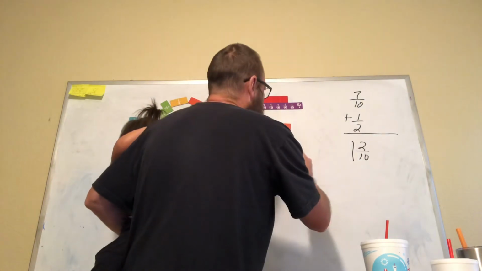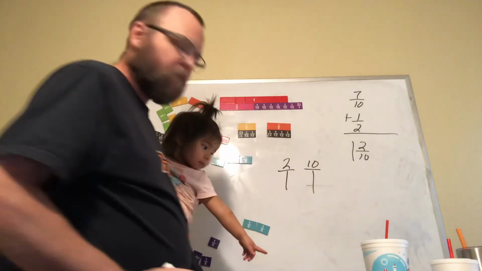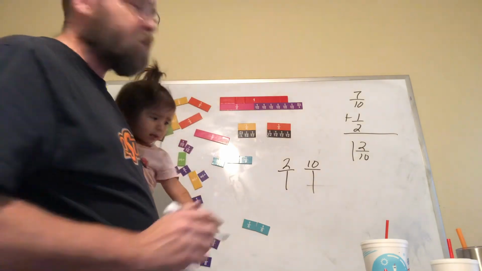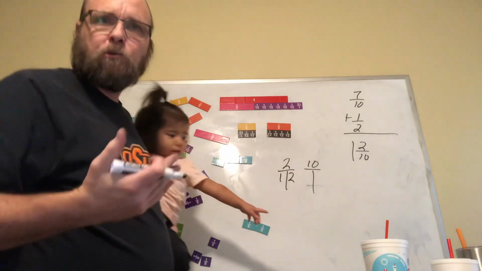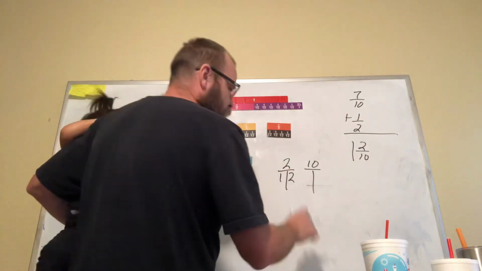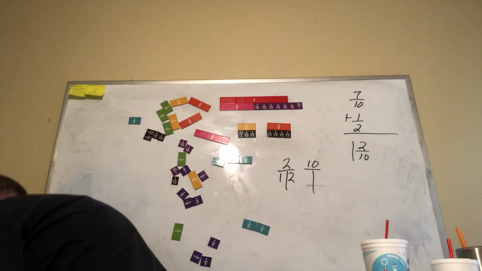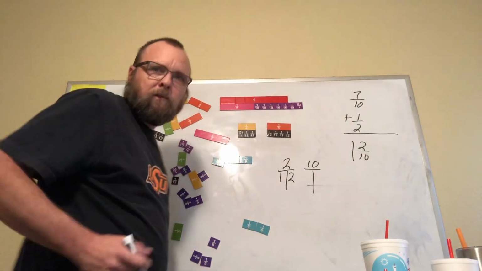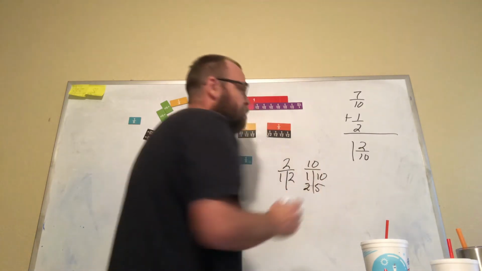We're going to take our fraction. Our numerator is 2. Our denominator is 10. And we're going to find the factors of each one. For 2, it's 1 and 2, because 2 is prime. For 10, we have 1 times 10 and 2 times 5.